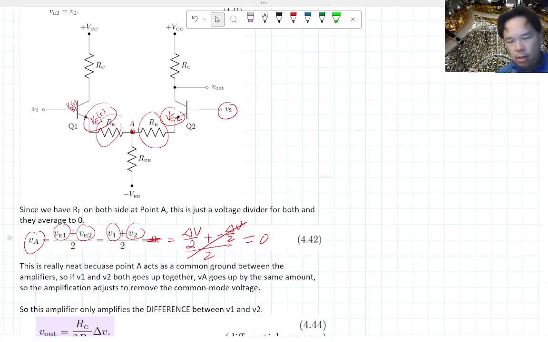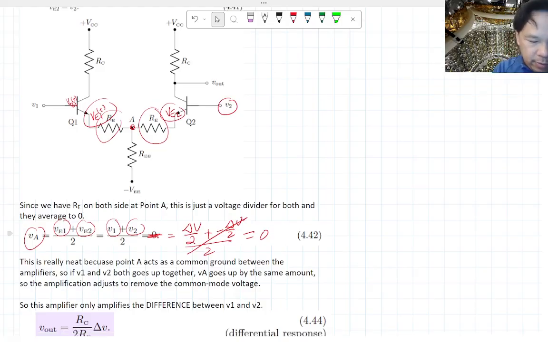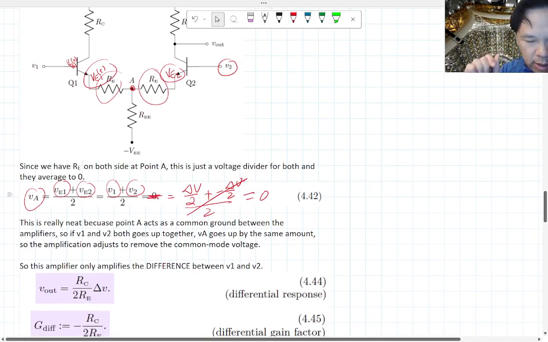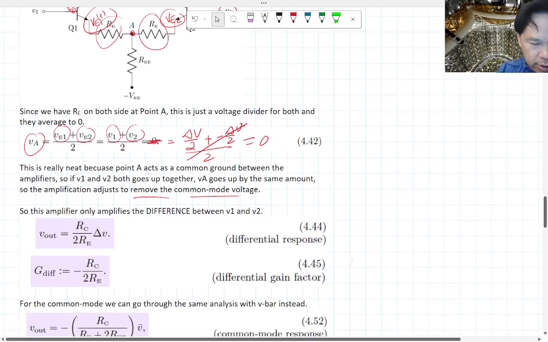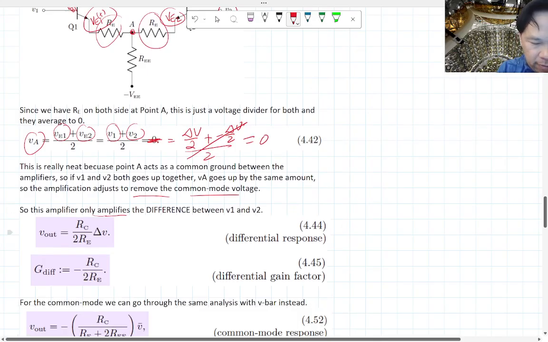The main thing is that if V1 goes up by one amount and V2 goes up by that same amount, both go up together, and VA goes up by the same amount, and that makes it still the same ground. This is why it removes the common mode voltage changes that you may see. So this amplifier only amplifies the difference between V1 and V2.